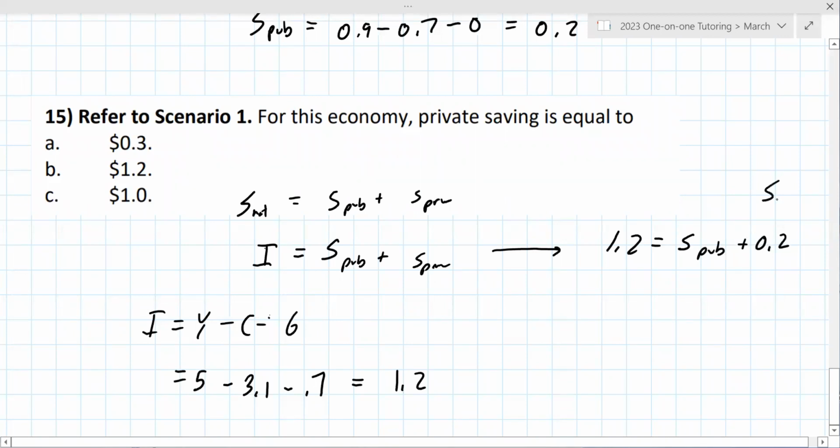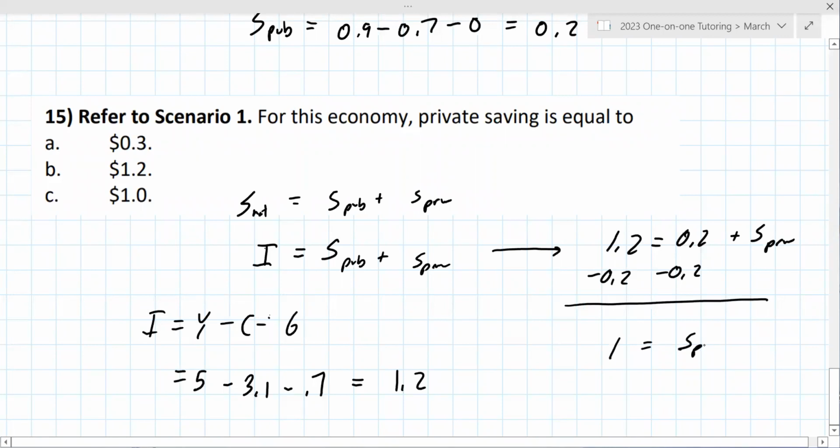I'm sorry, that's backwards. National minus public equals private, so it would be the minus 0.2 we found for public savings in the question before. I was using national as public plus private.